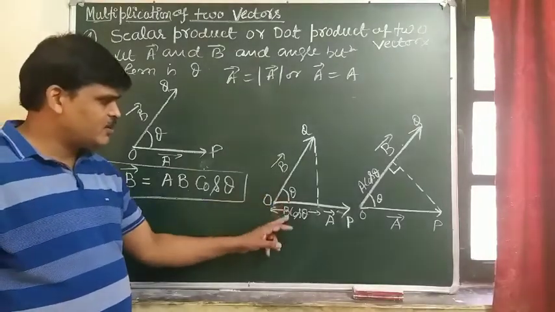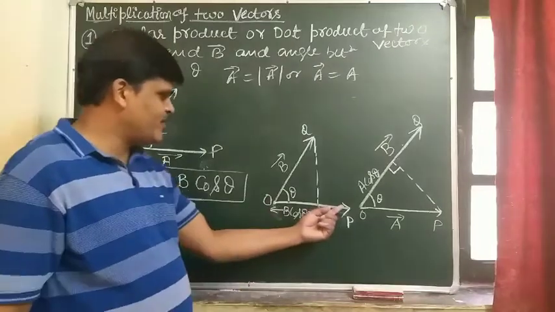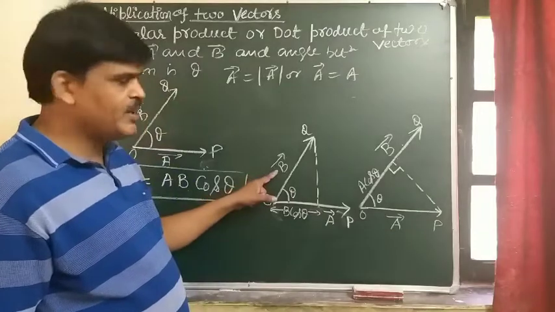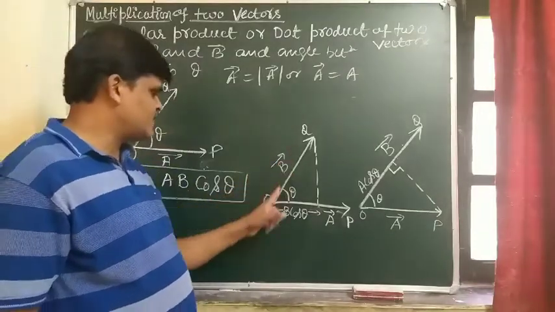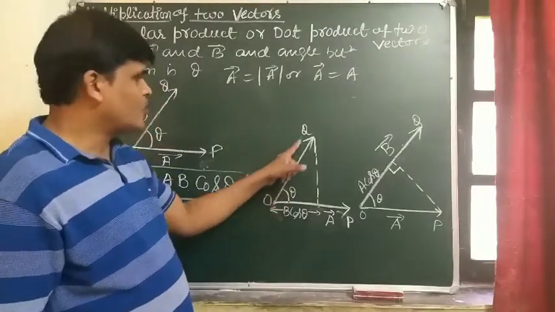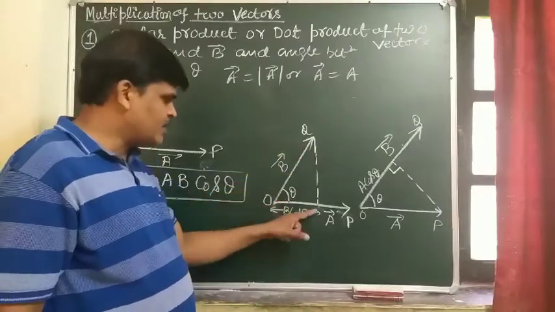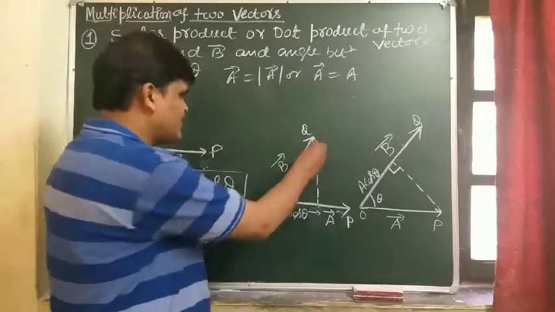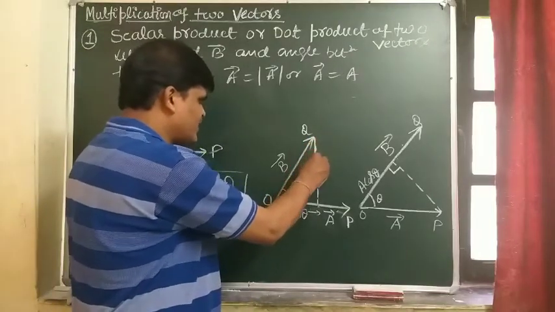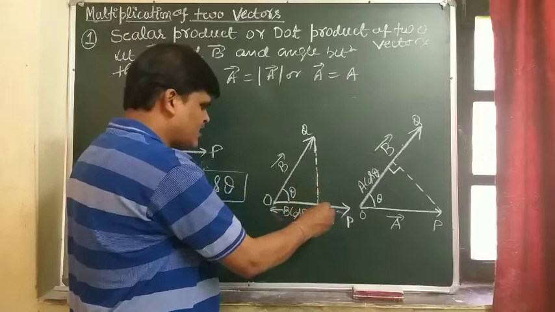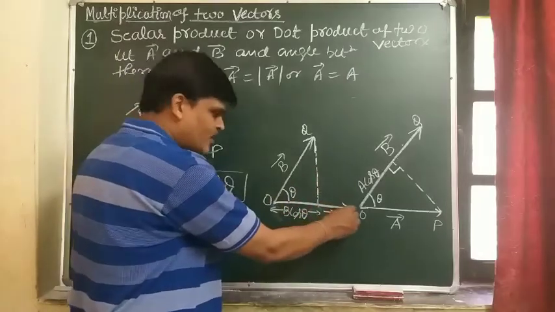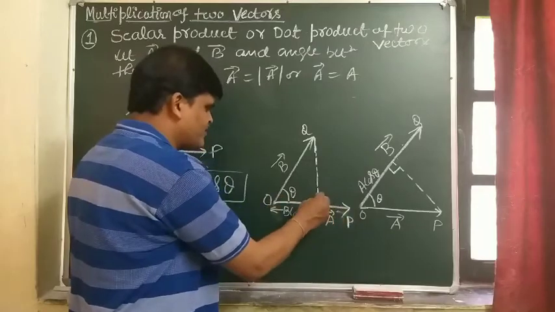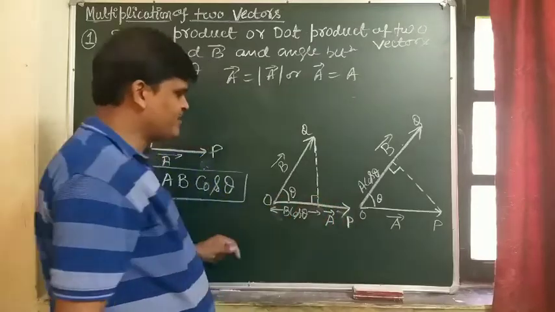And students, here we draw a diagram. OP vector represents the first vector, vector A, and another vector, vector B, is shown by OQ vector. The angle between vector A and vector B is theta. If we draw a perpendicular from B onto the first vector, the OP vector, this is 90 degrees.